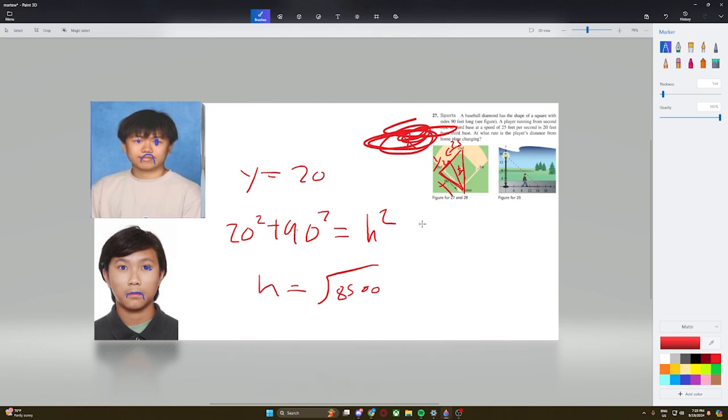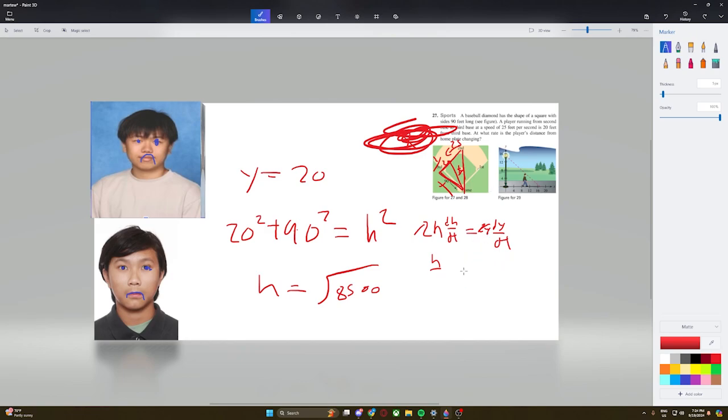So we just write 2h dh over dt equals 2y dy over dt, and you just cancel the 2 out. Oh, whoops, my bad. We want to find that change in the hypotenuse.